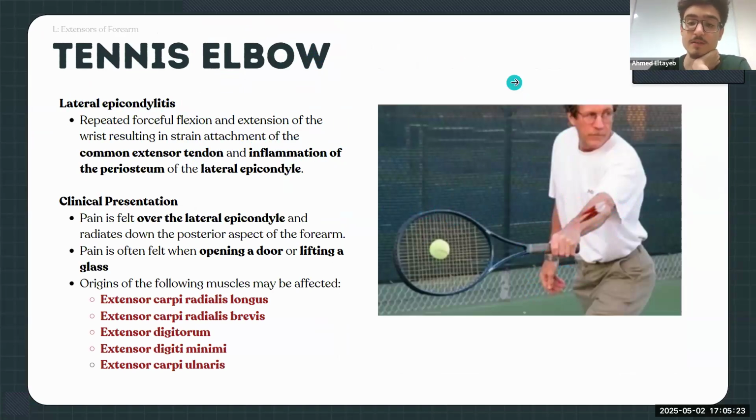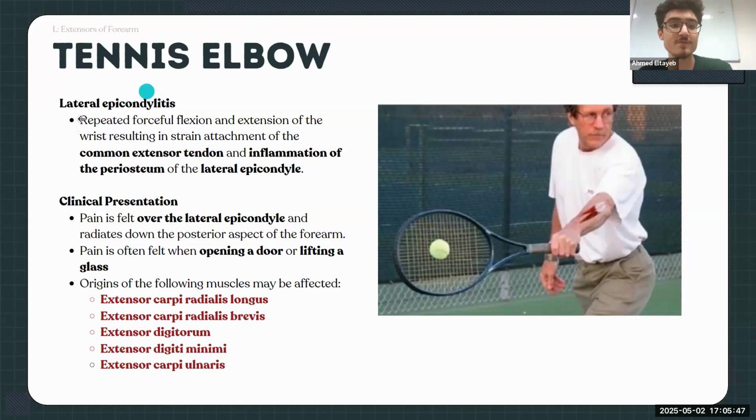It can be very restricting to your movement and daily activities. So you need to be careful with repeated movements, for example using a screwdriver if you're working in construction or carpentry and so on. When you use a screwdriver so much, you're abusing all of these muscles at once. So you need to be careful, rest up, and not overexert yourself.